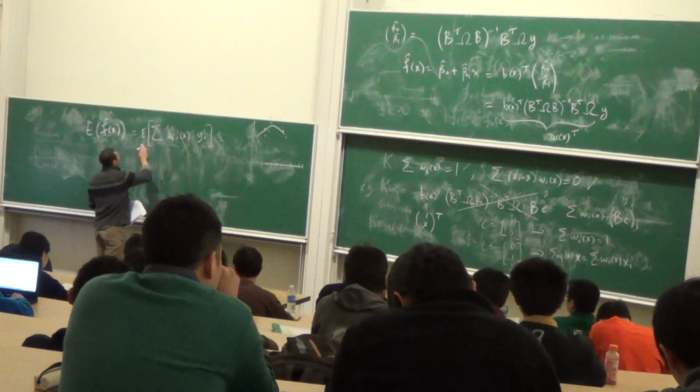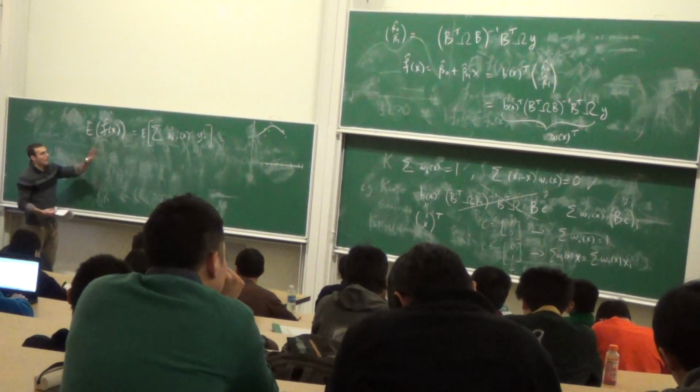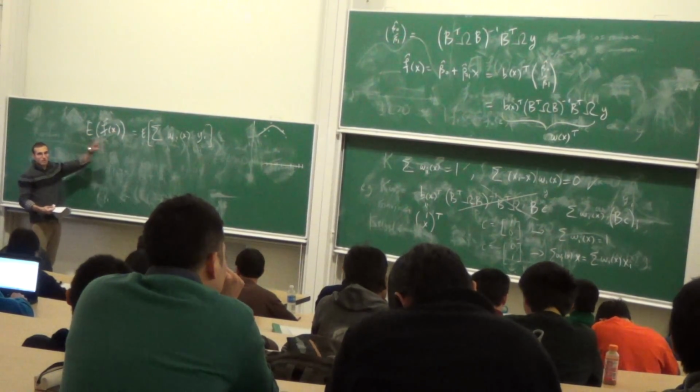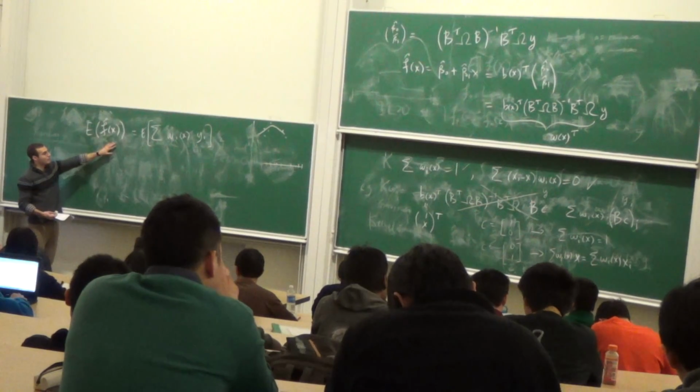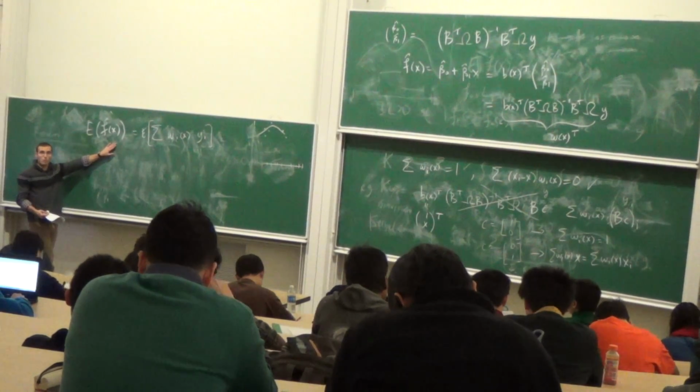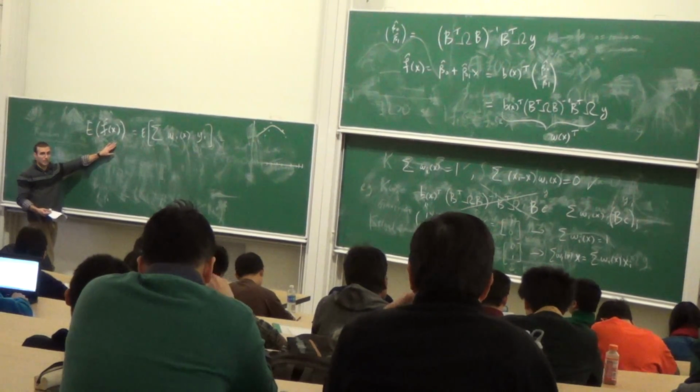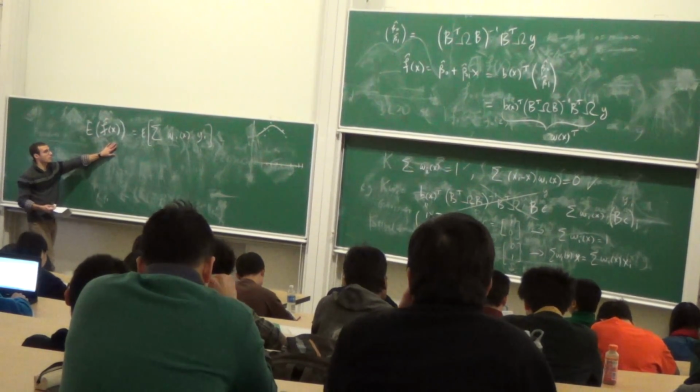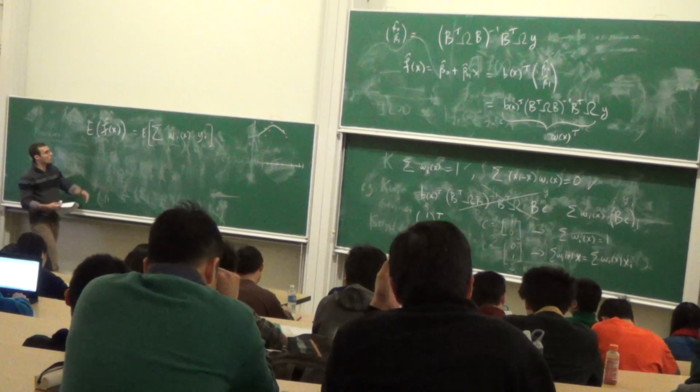The expected value is a particular weighted sum. Like I said, I'll mix and match. I'm in a world now where I'm going to consider the inputs fixed. So x1 through xn are fixed, and only y is random. That's the world we're considering for the statement, so this expectation is only over y.